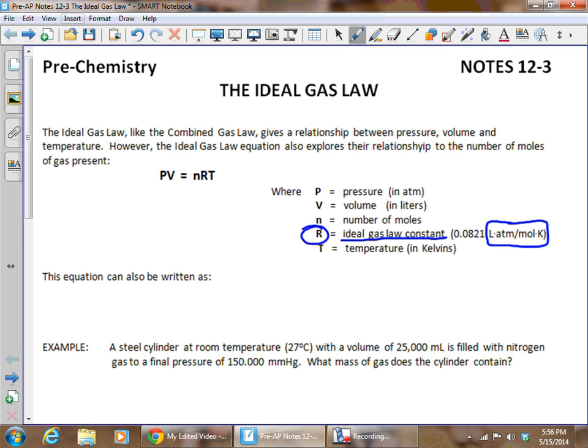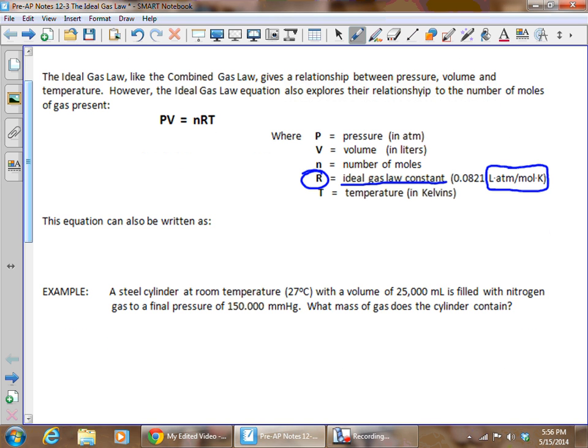Now we can also write the equation, as we've done before, as PV equals mass over molar mass in place of moles, times R and T. A lot of people like to see it like this because it helps them remember where that molar mass value is.